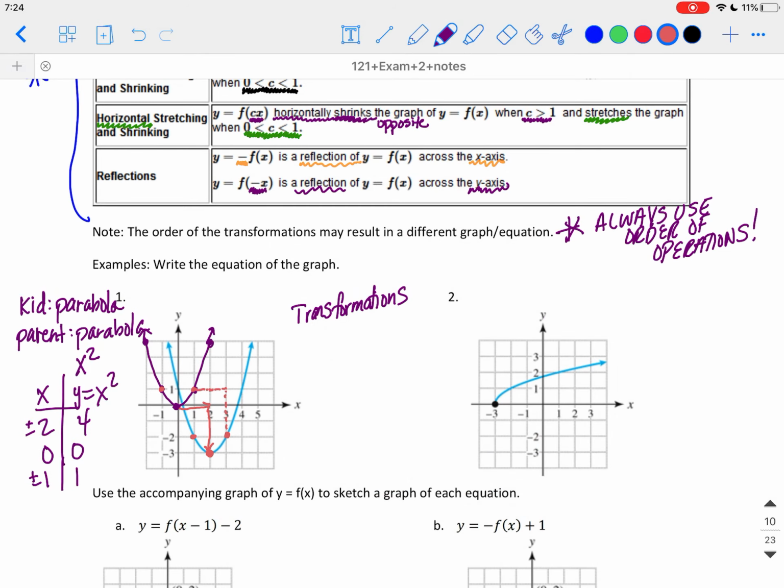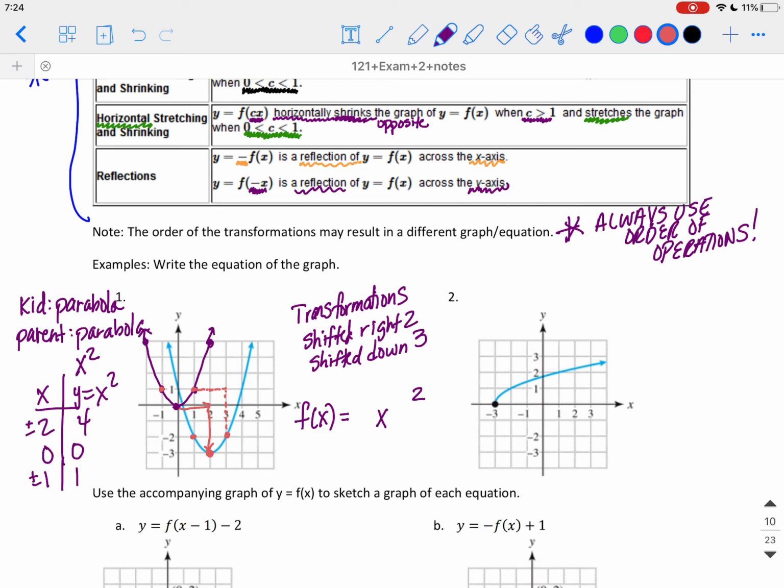So it's going to be shifted to the right 2, and shifted down 3. This is how I create the children here. I have f of x, and I always need to start off with the parent. So the parent is an x, and I have a squared.